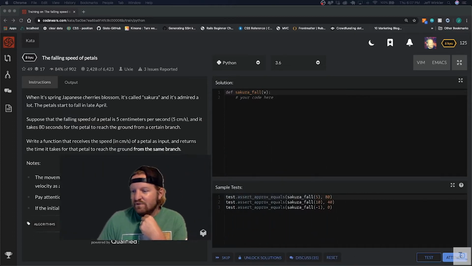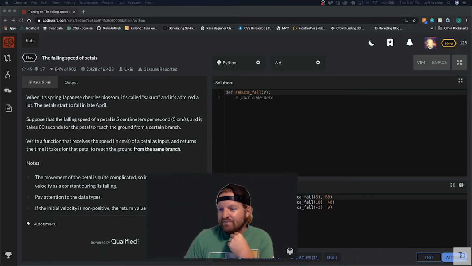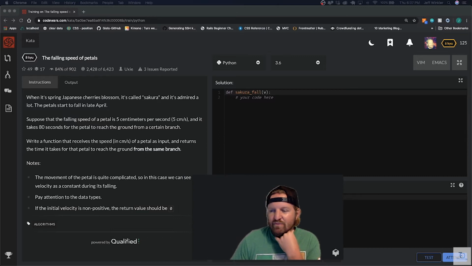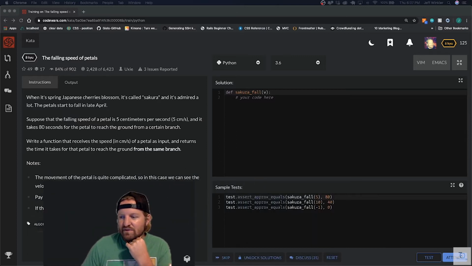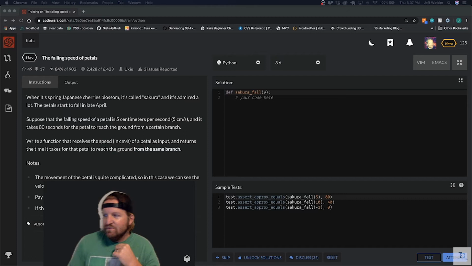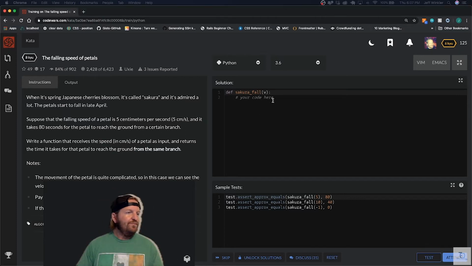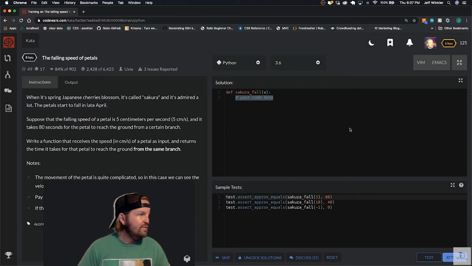Alright, let's start chipping away at that. I think the second point, pay attention to the data types, is probably the biggest thing we'll need to pay attention to here. So let's start by breaking the problem down. Write a function that receives, so the input, I forgot hashtag is a comment.